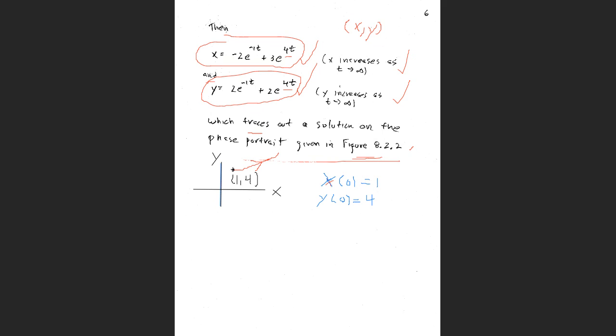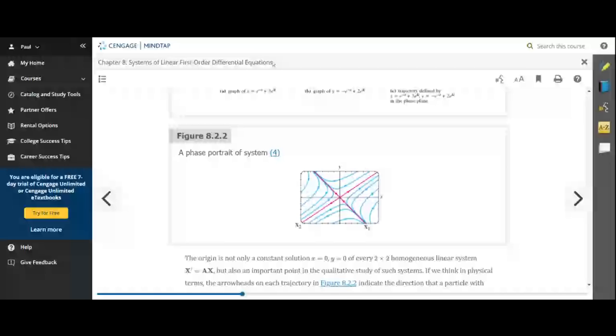And this is confirmed. Let me just go to the book real quick, because this is confirmed in figure 8.2.2. Well, they've drawn a lot of trajectories. The phase portrait of the system, so all those different trajectory curves correspond to different initial conditions.